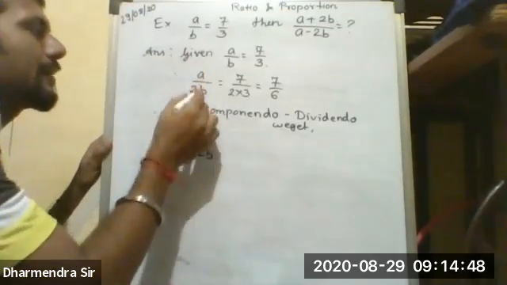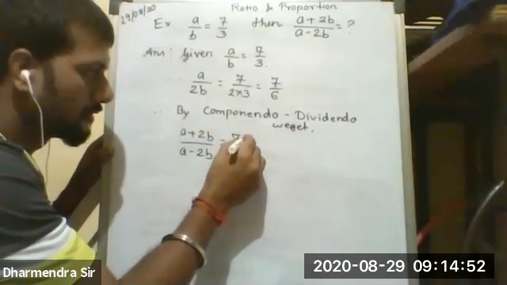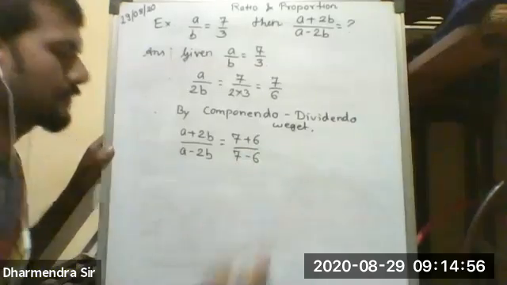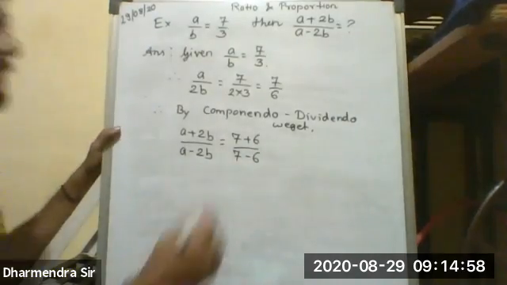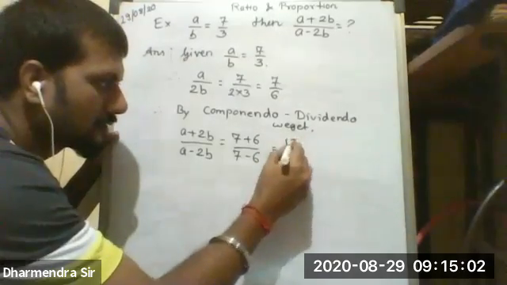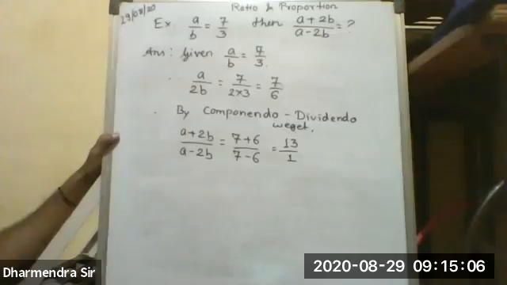A plus 2b upon a minus 2b is equal to 7 plus 6 divided by 7 minus 6. So 7 plus 6 is 13 divided by 1. So the answer is equal to 13 is to 1.